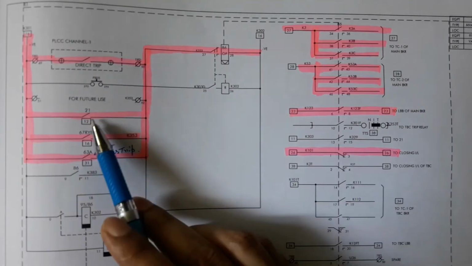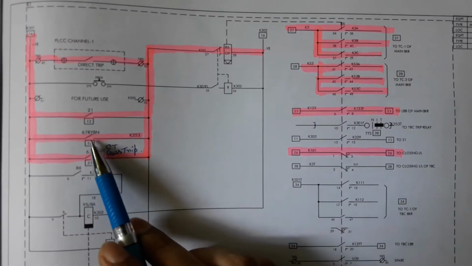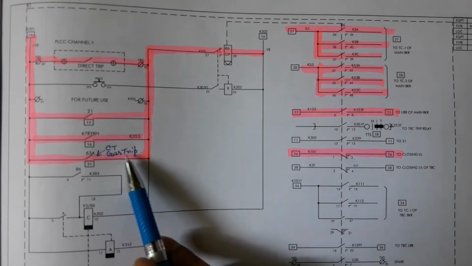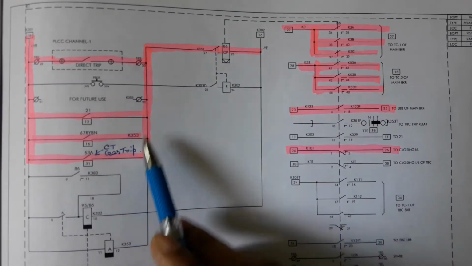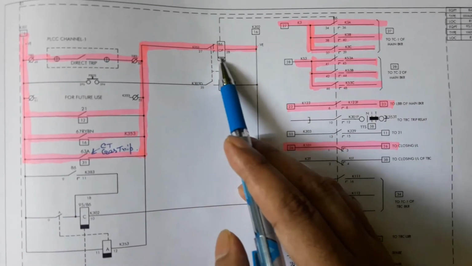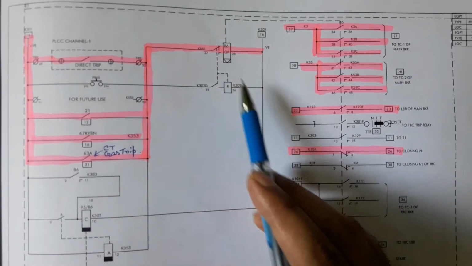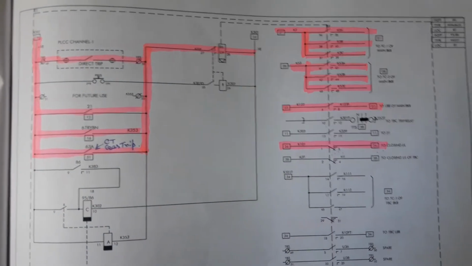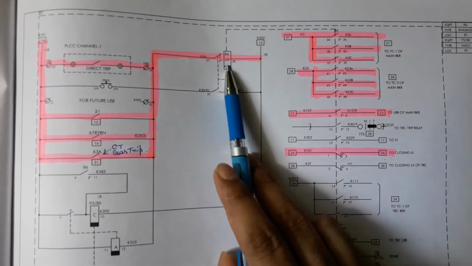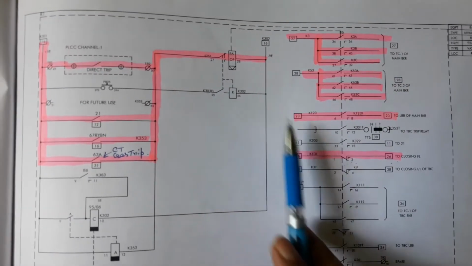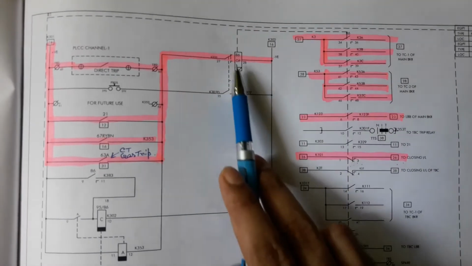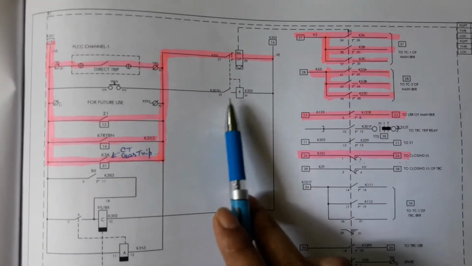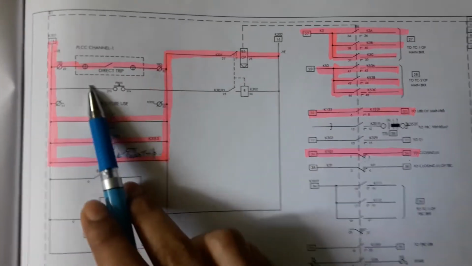Direct trip, overcurrent relay trip, distance trip, and gas trip: these four are responsible for operation of the three-phase 86 relay in this scheme. And remember, if this three-phase 86 relay operated, then you cannot close this circuit breaker manually also until resetting this 86 relay, either by hand reset or electrically.